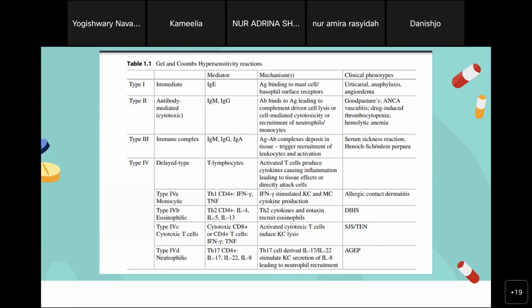If they have antibody-mediated reaction, they would come with vasculitis, drug-induced thrombocytopenia and hemolytic anemia. If they have immune complex reaction, they would have serum sickness reaction, and if it is the delayed type, there are Stevens-Johnson syndrome, contact dermatitis, and so on, which will be further discussed in our presentation.